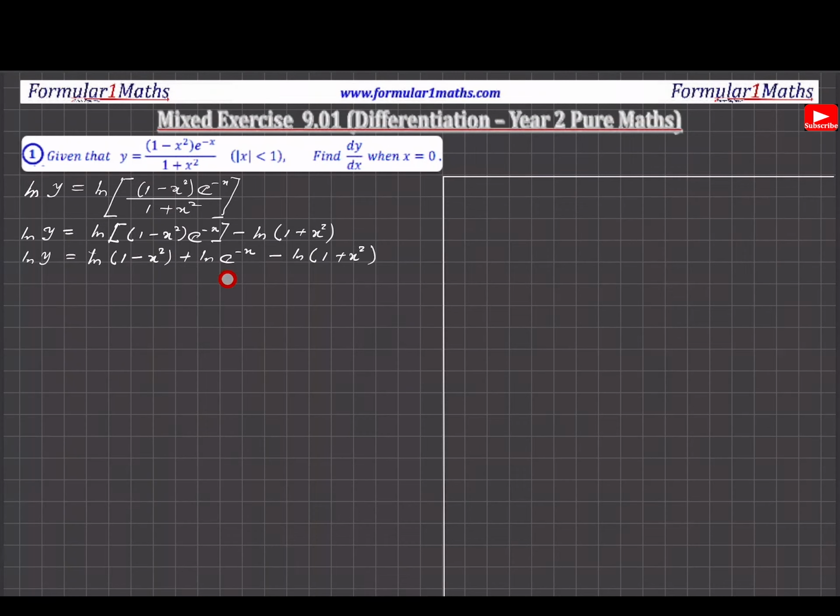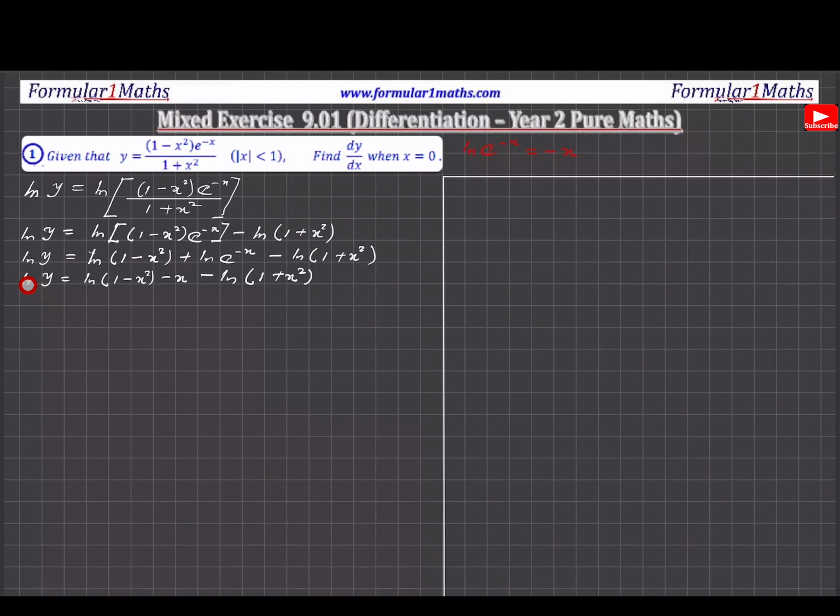Then I will simplify this term here, and I'm going to get ln y is equal to ln 1 minus x squared minus x, because ln e to the power minus x will give me minus x, minus ln 1 plus x squared. I can now use implicit differentiation to differentiate all that as follows.